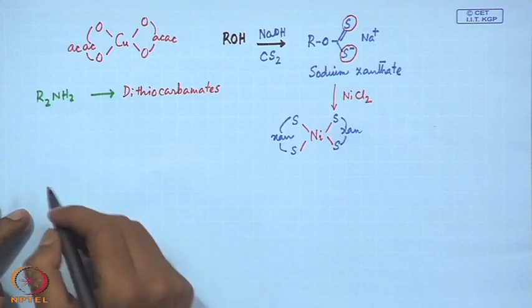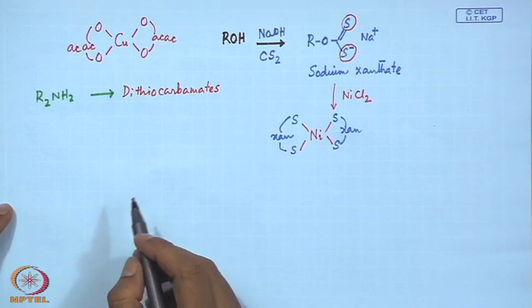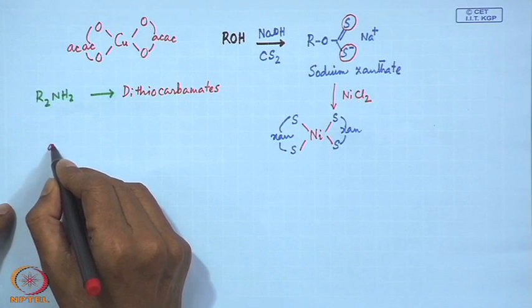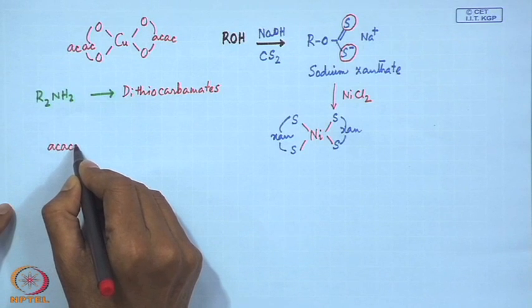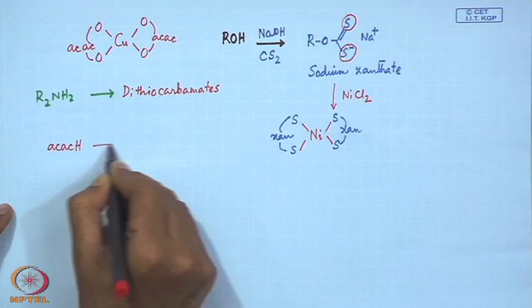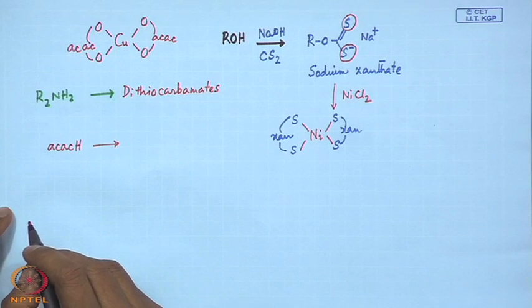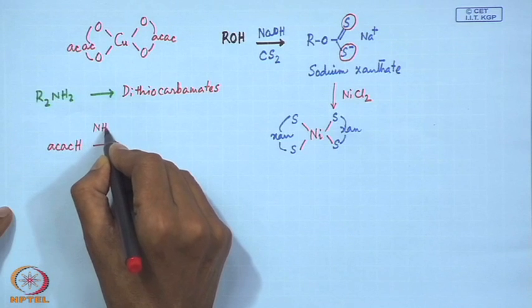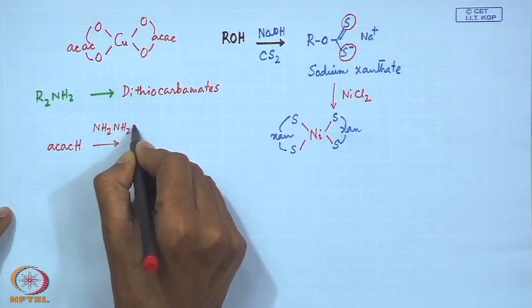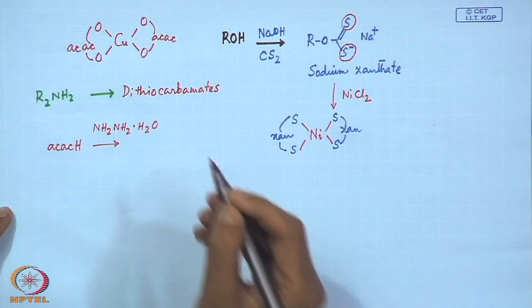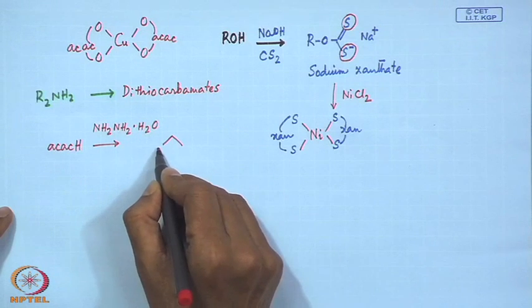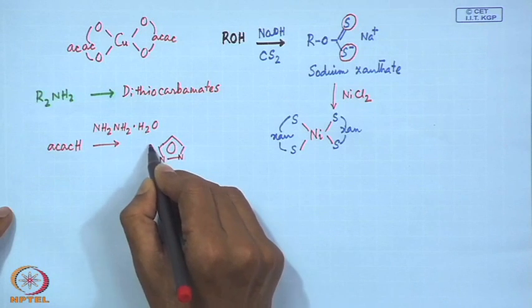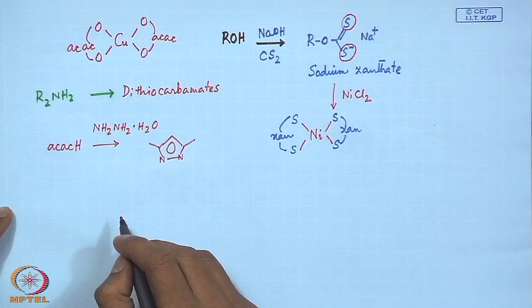Similarly, one good ligand we can derive from all these things is this: if we have the acetyl acetone, abbreviated as ACACH, and react it with hydrazine hydrate, we get the corresponding dimethylpyrazole unit.